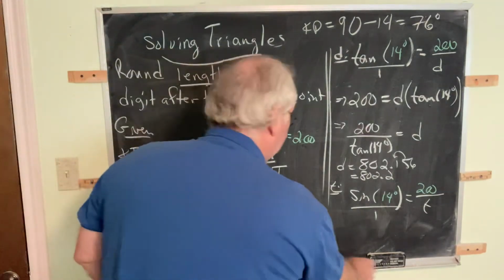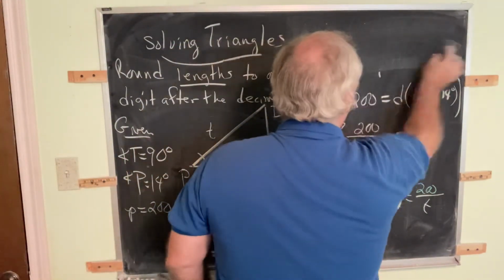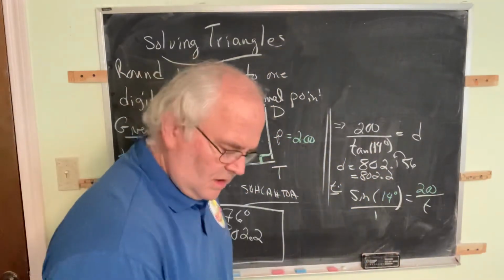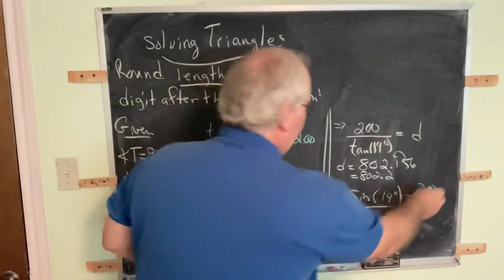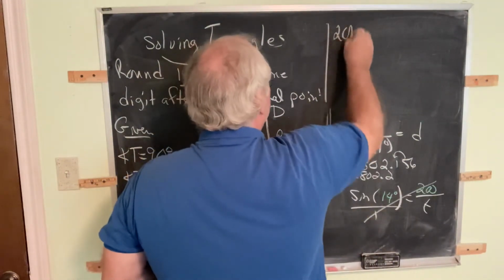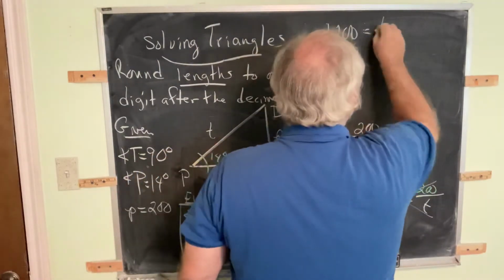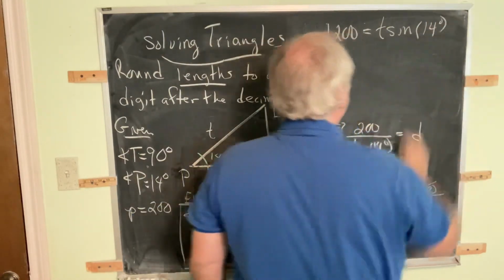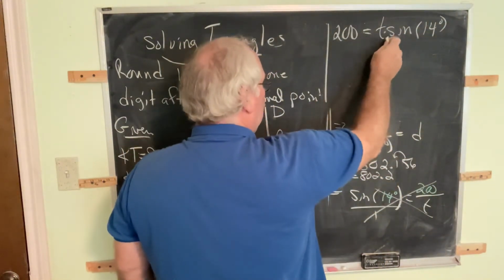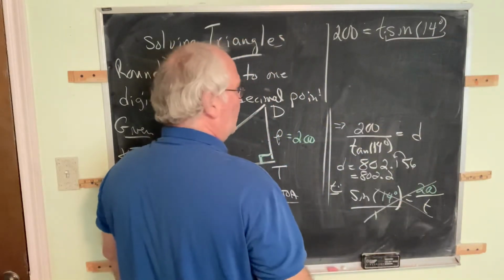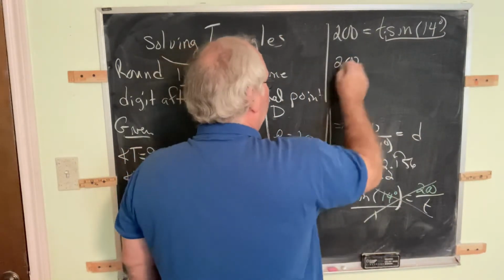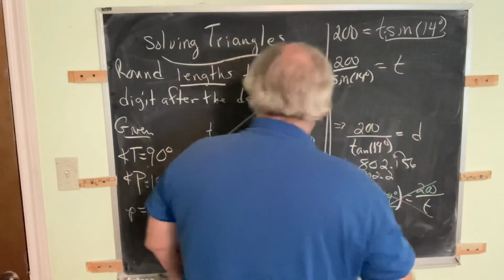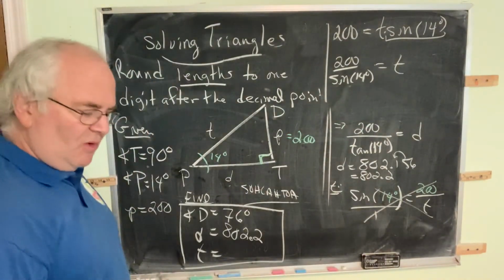I'm going to run out of space, so I'm going to steal some room up here on my board. So what do we have here? Cross multiply. Here you get 200 is equal to t times sine of 14 degrees. We want to solve for t. That means you divide both sides by sine of 14 degrees. So 200 over sine of 14 degrees is equal to the t we want, and we want to round to one digit after the decimal point.